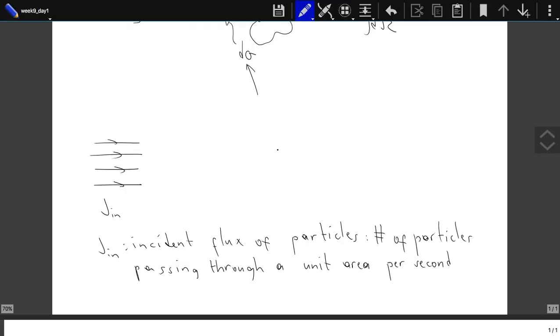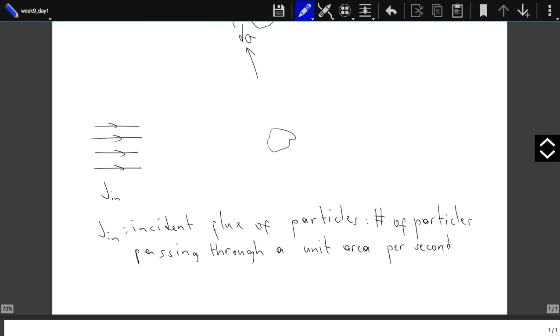And here is our scattering source. There's a target over there which we are aiming at. Of course, some of the particles might be scattered, and some of them might miss the target. But if you put a detector over here, it will only be measuring the scattered particles. Let's say J_sc is the flux of scattered particles.